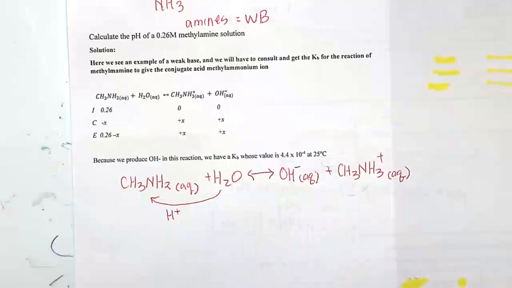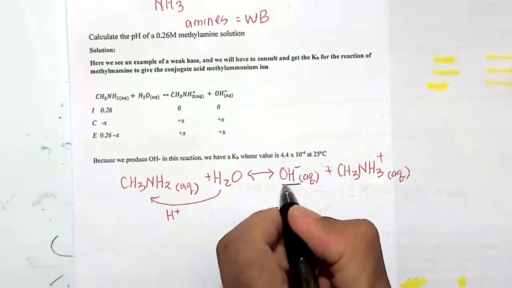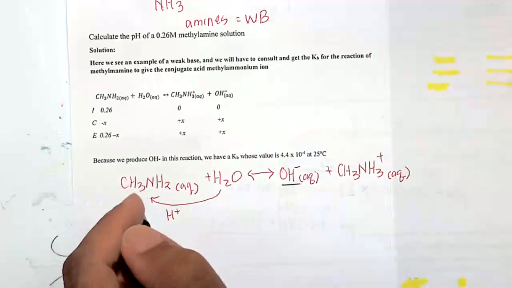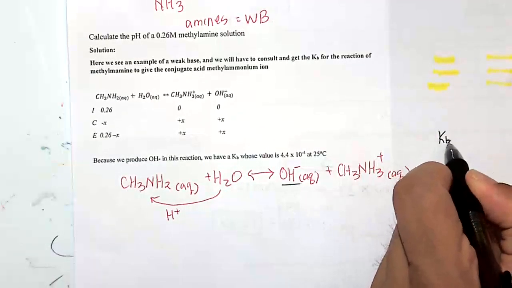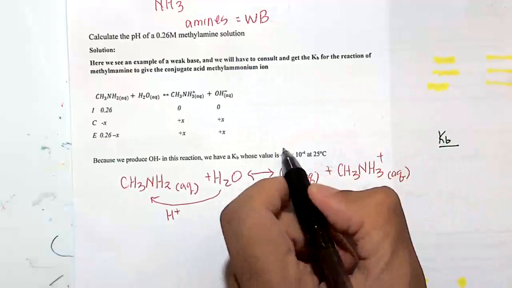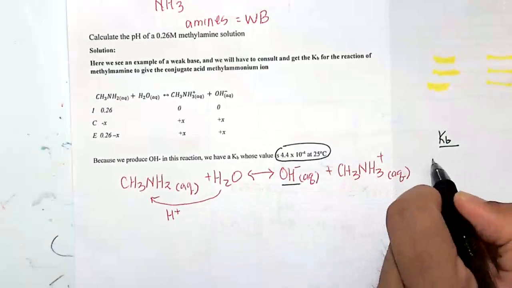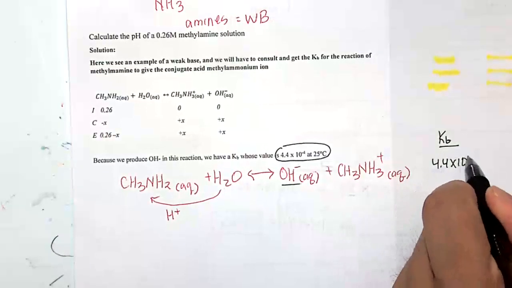Is this Ka or Kb? This is Kb because it's reacting with water to give you OH minus, so this is the weak base. And the Kb of methylamine, I'll give that to you as well. It's 4.4 times 10 to the minus 4.